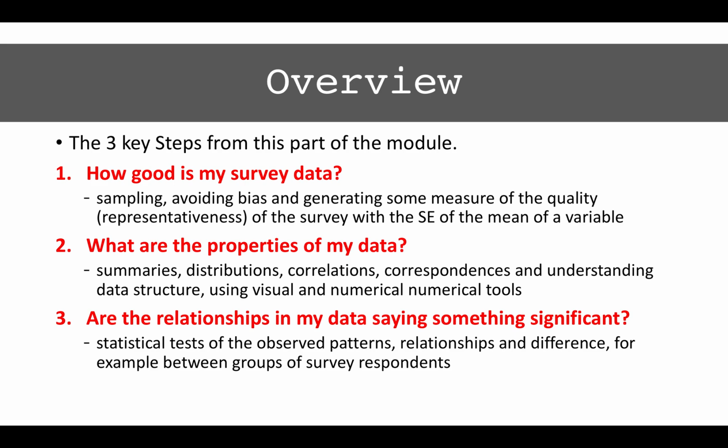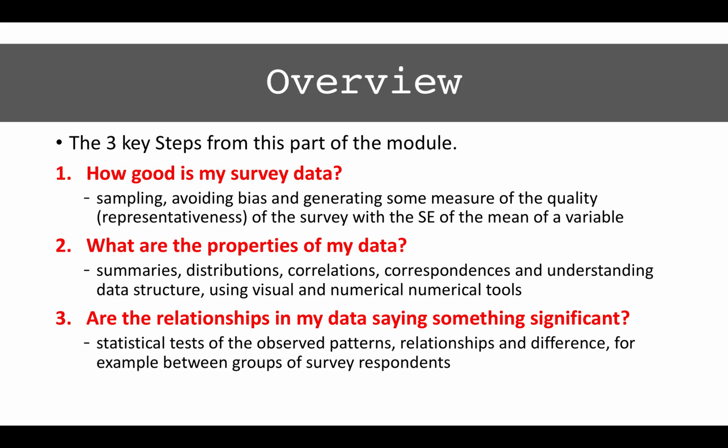So the key things I'd like to take away from this part of the module are that we need to think about our data, we need to think about our sample, we need to think about the potential for bias in the sample and the representativeness of the sample, and that we can test that by examining the standard errors of variable means. And these give us an indication of how good our data are.